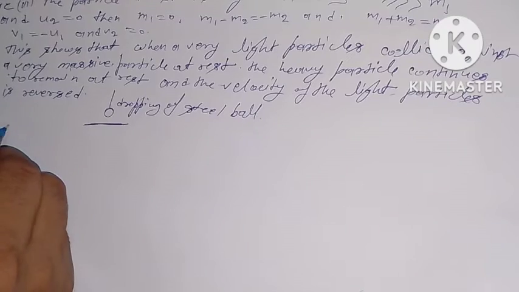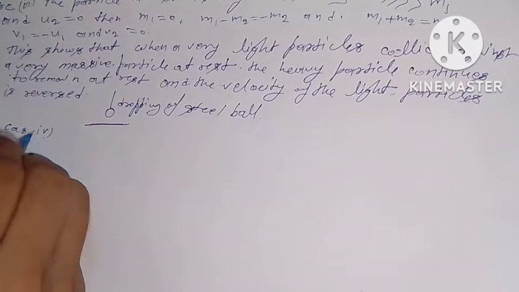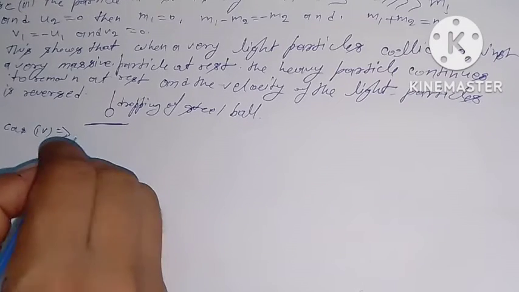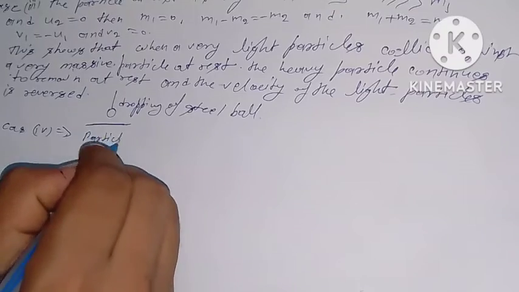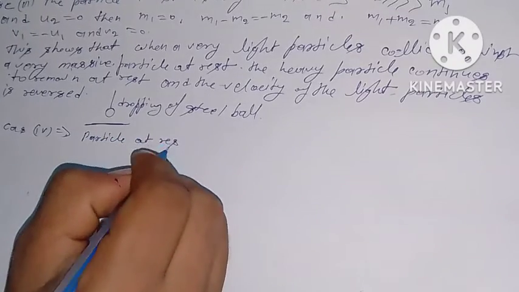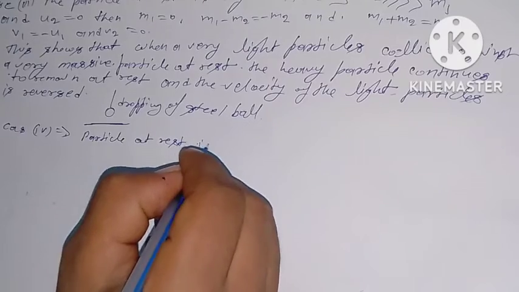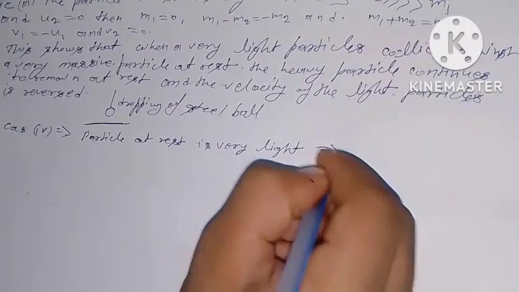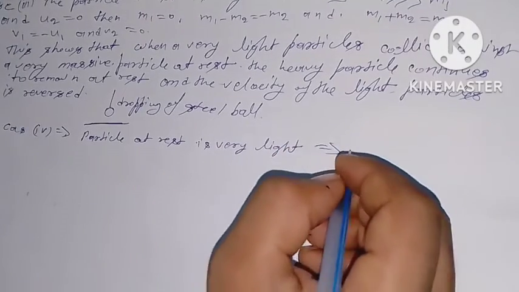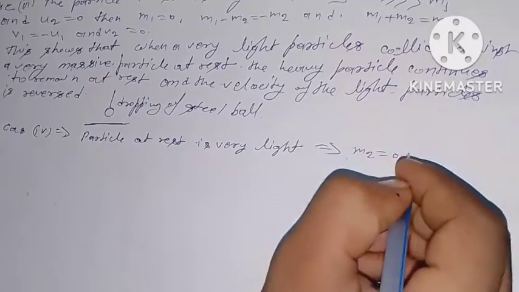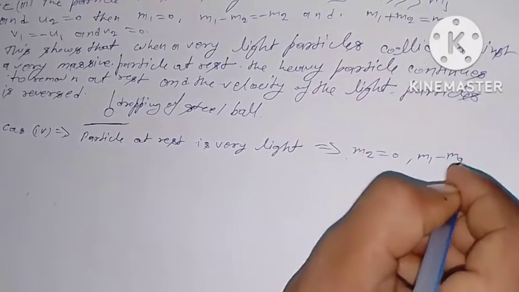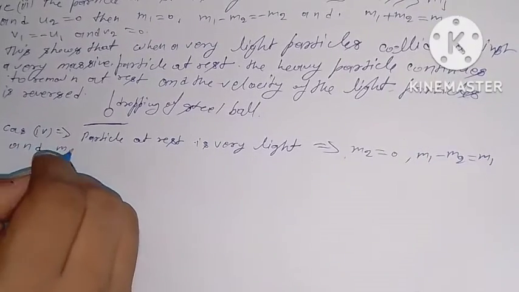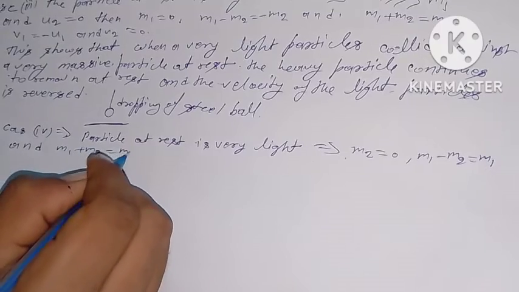Case fourth. Particle at rest is very light. If the particle at rest is very light, then m2 equal to 0 and m1 minus m2 equal to m1 and m1 plus m2 equal to m1.